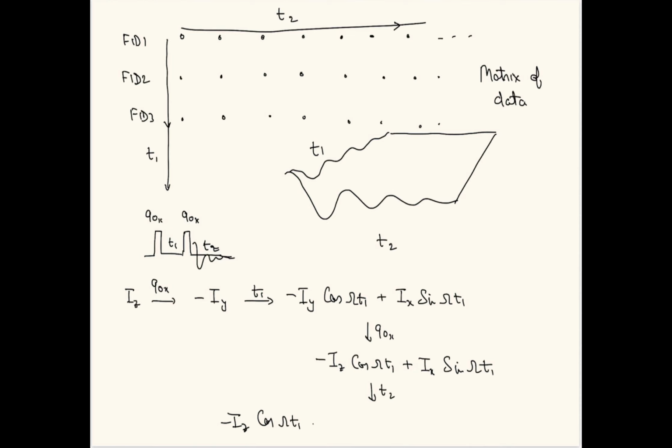This does not evolve during chemical shift evolution because this is Z magnetization. So Ix will evolve into Ix sine omega t1 cos omega t2, where the time variable is t2, plus Iy sine omega t1 sine omega t2, right?